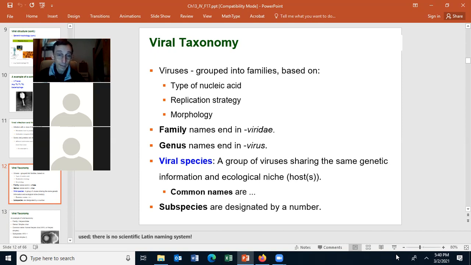And so we don't understand the greater groupings of viruses very well.